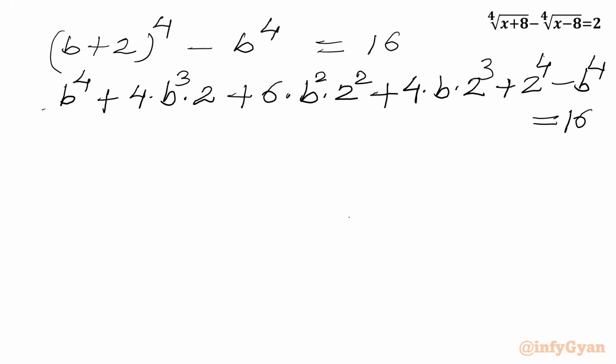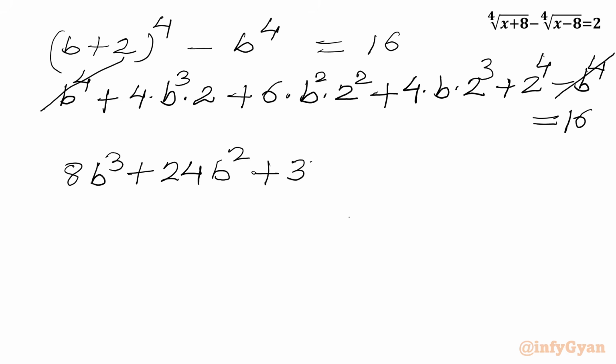We can cancel plus b power 4 with minus b power 4. 4 times 2 is 8, we'll write 8b cube. 6 times 2 square, 6 times 4, 24, we'll write 24b square. 4 times 2 cube, 4 times 8, 32 times b. Then we have 2 power 4, which is 16, equal to 16.